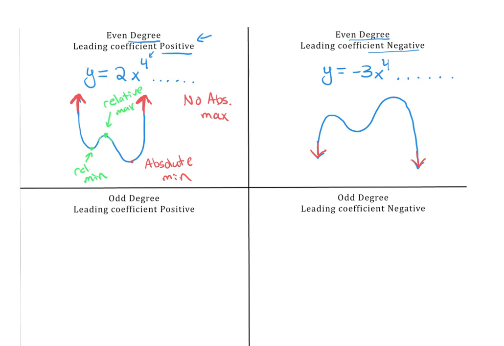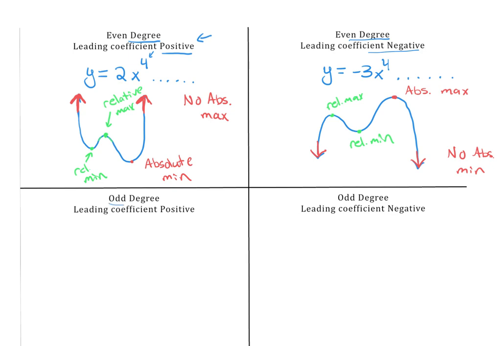So here, this has an absolute max, but there is no absolute minimum. And then these critical points are a relative max and a relative min.